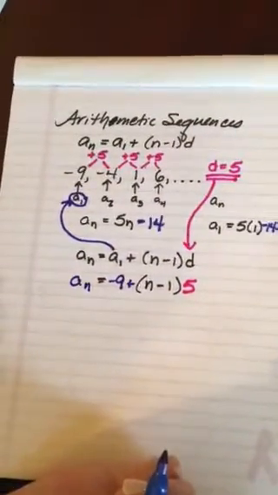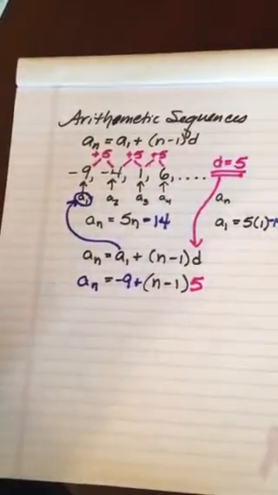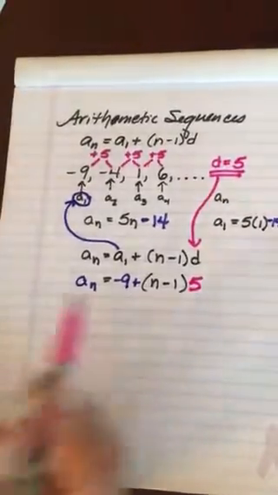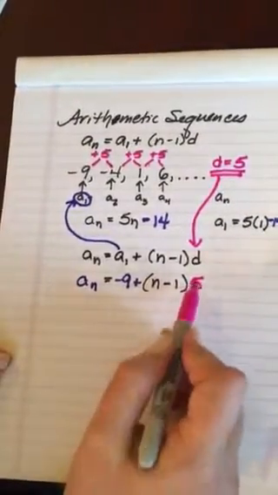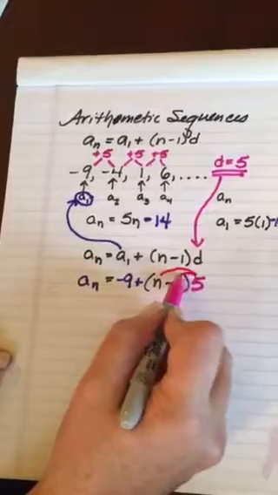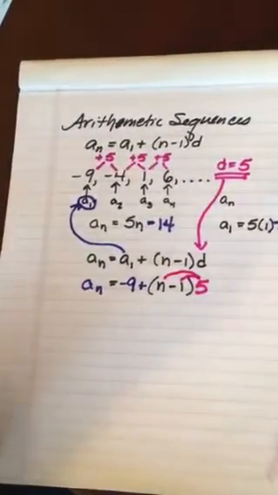All right, let's do the math. What do we have to do here? We have to use the distributive property. I have to distribute 5 to n and -1.